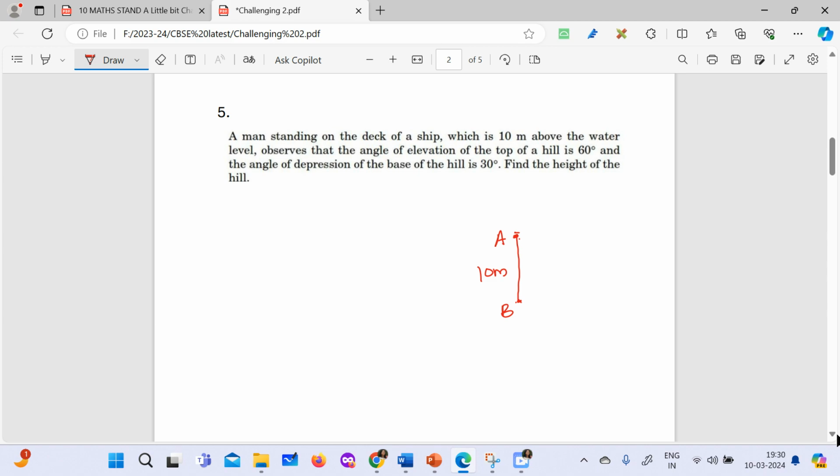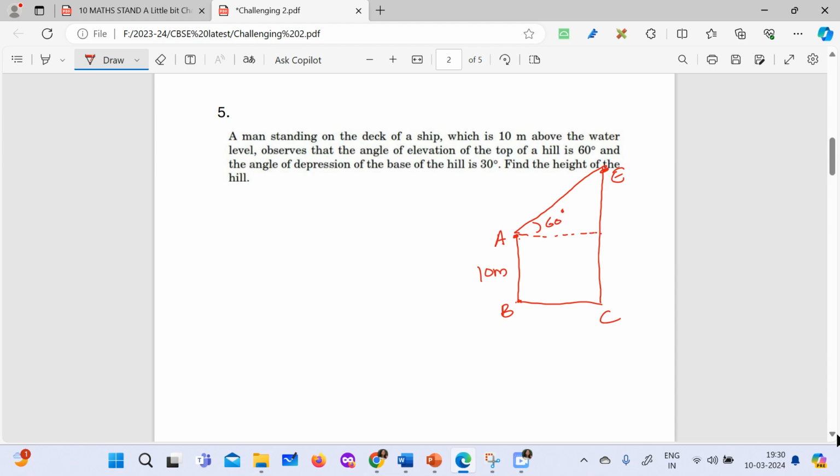Now it says that he observes the angle of elevation of the top of a hill. So we can have a hill like this. Here C and this is E. So the angle of elevation of the top of the hill will be, we should draw like this, and this one will be 60 degrees.